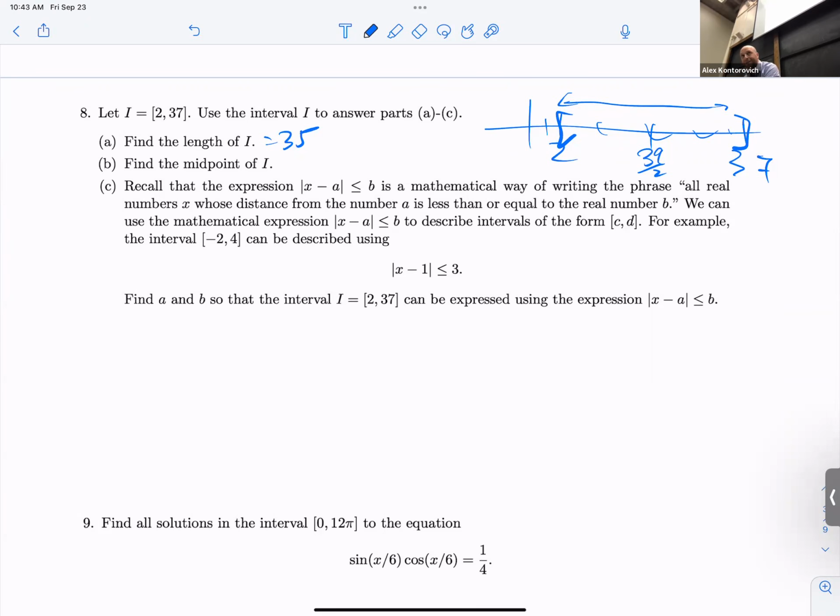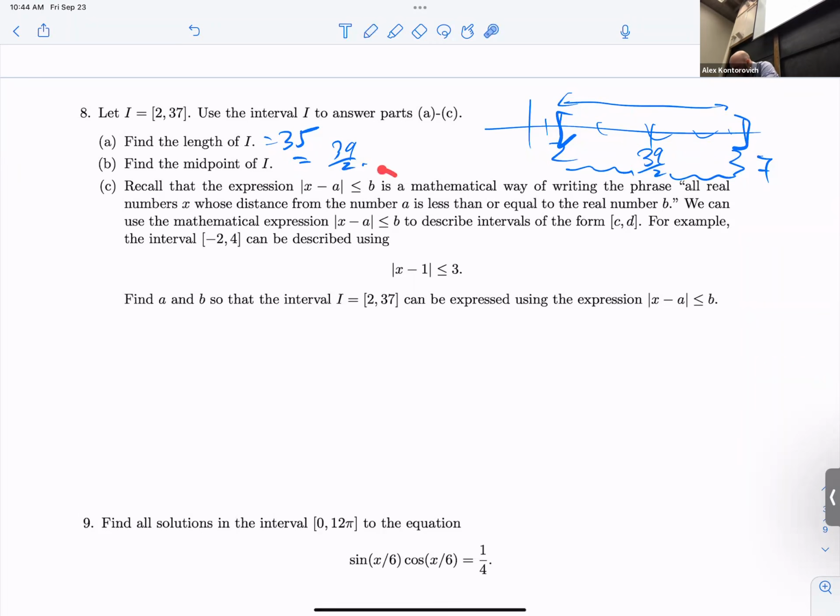Okay, tell me. Yeah, that's right. Because then this distance, I have to take off 4 halves to get 35 halves. And this distance, again, double 37 is 74, and 74 minus 39 is 35. So this is 35 halves in each direction. Okay, great. So the midpoint is 39 halves.